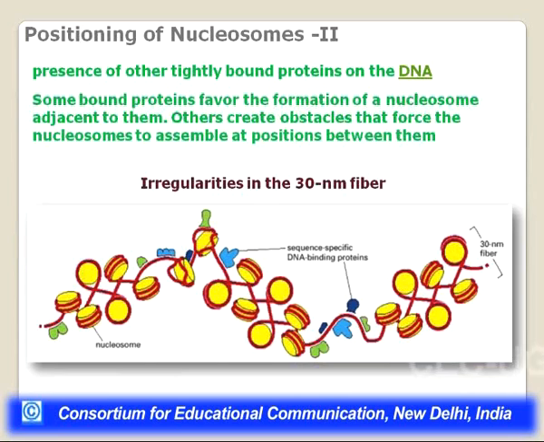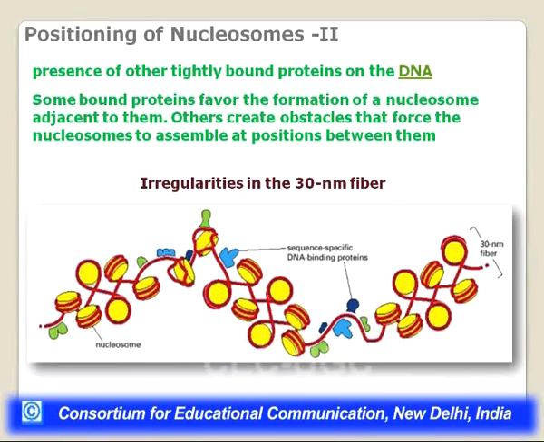Sometimes there are some other sequence specific DNA binding proteins which are bound to the DNA. When they are bound to the DNA, probably they leave a lesser amount of DNA in between, so a nucleosome cannot be formed there. So this periodicity of the nucleosome arrangement after every 200 base pairs is made irregular in the 30 nanometer fibers.